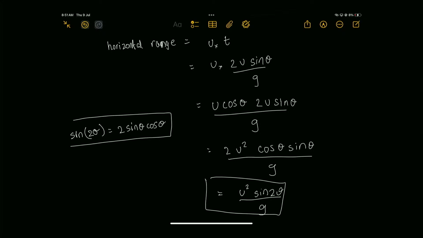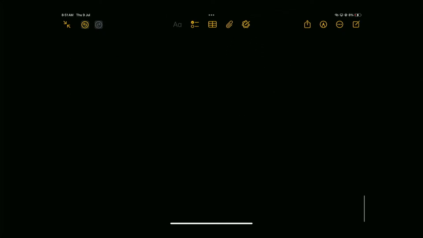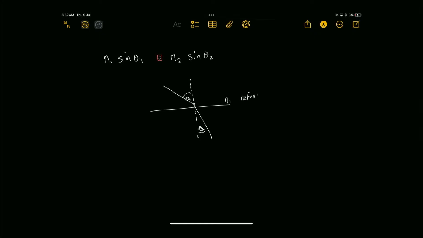State Snell's law in equation form defining all variables. So Snell's law, we know n1 sine theta 1 is equal to n2 sine theta 2. Defining all variables is just easiest to draw it out, right? So this is the normal, this is theta 1, this is theta 2, and n1 is the refractive index of this medium, and n2 is the refractive index of this one.